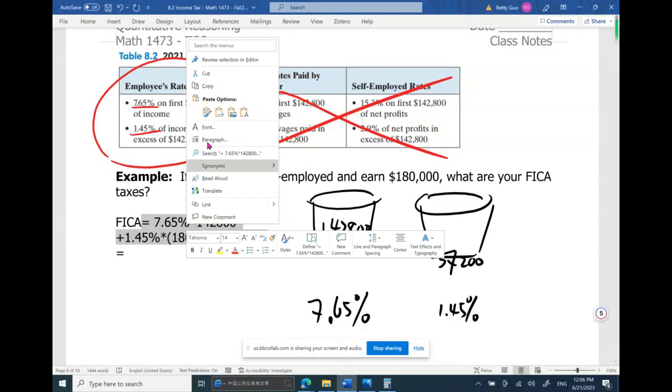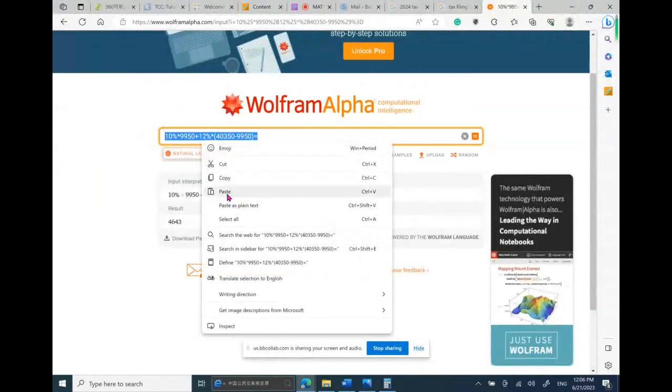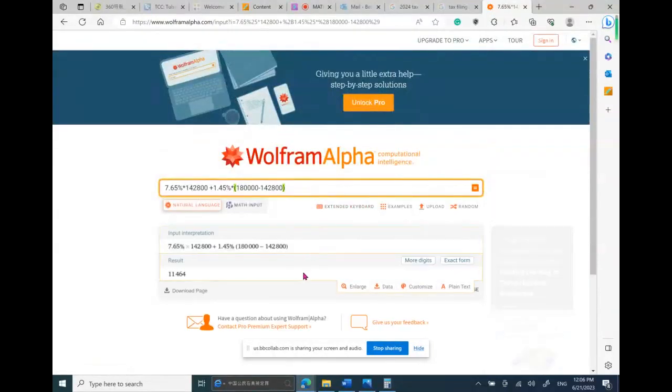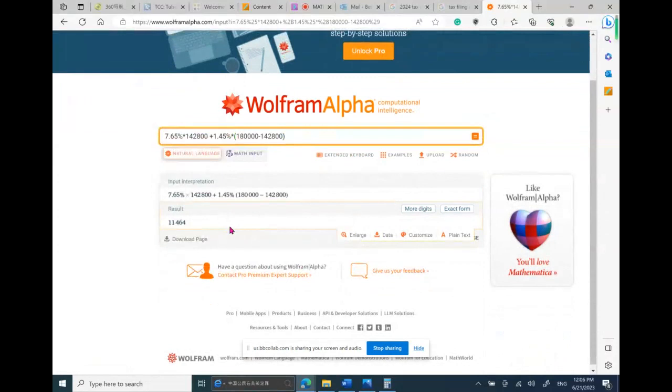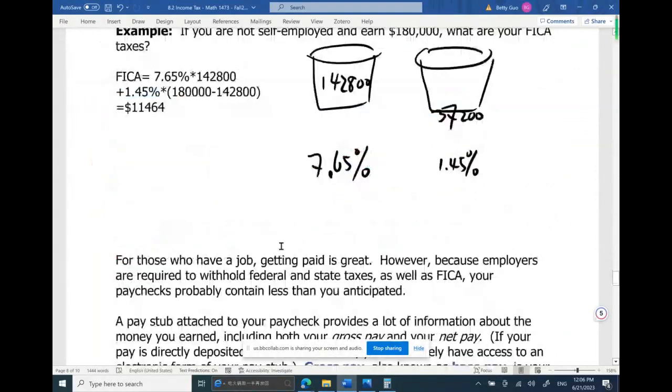I'm going to just use the website, get it done quickly. $11,464. So that's your FICA tax. That's a lot, right? So this is how we calculate the FICA.